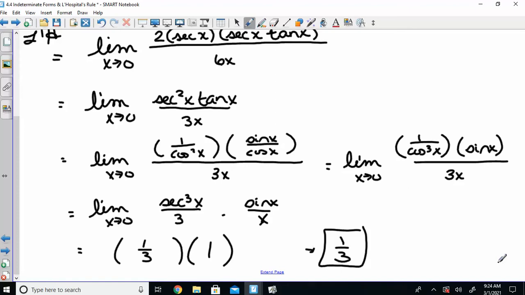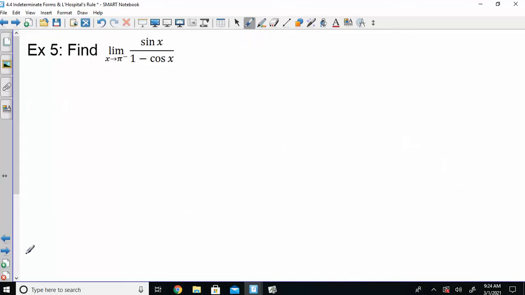Okay, we're going to do one more and then I'm done for today. Last example. The limit as x approaches pi from the left of sine x over 1 minus cosine x. You guys miss trig, don't you? So, think about pi is like right here on your unit circle.